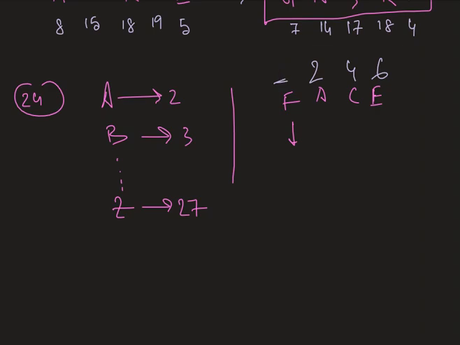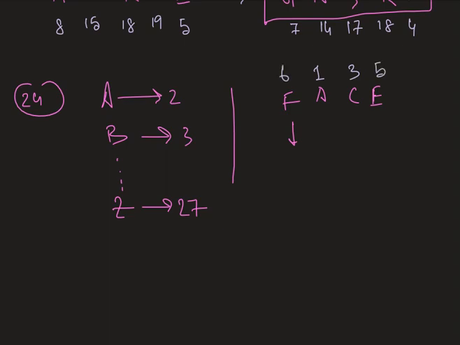Sorry, we put the wrong numbers. Okay. For A it is 1, for C it is 3, for F it is 6, and for E it is 5.